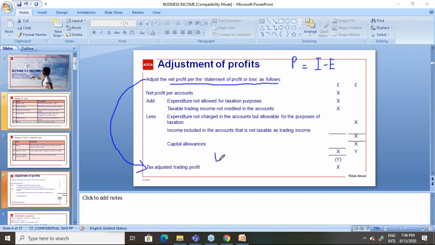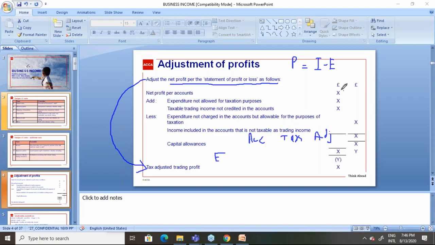If you take expenditure, the expenditure that we use in accounting may be different from the expenditure recognized in taxation. Accordingly, if we have used a different treatment in taxation, you are required to make certain adjustments to the accounting profit that you have used here.